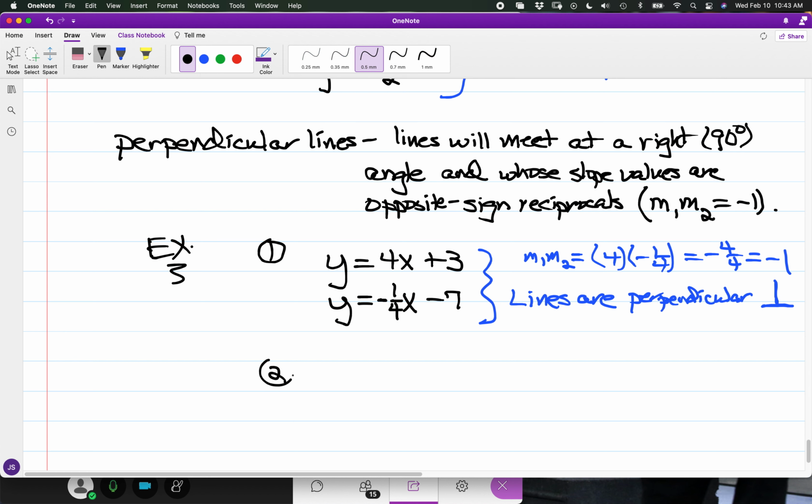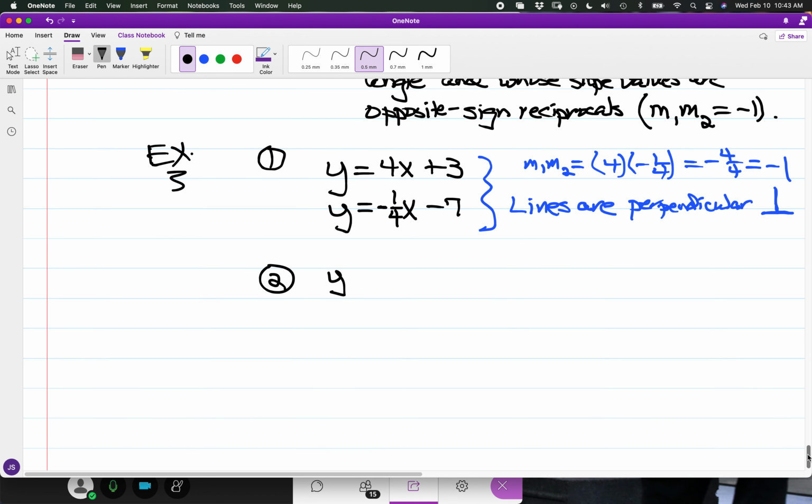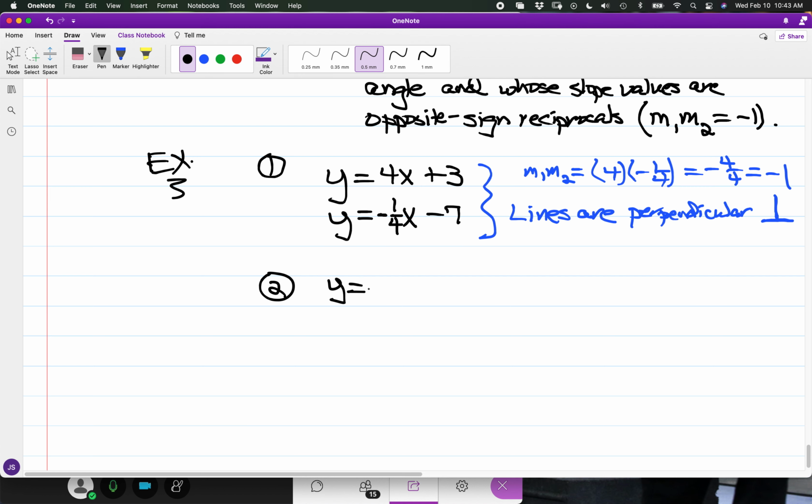Also, we have y is equal to -7/2 of x. Now for this particular second line to run perpendicular to y is equal to -7/2 of x, I need the slope to be the opposite sign reciprocal of -7/2.